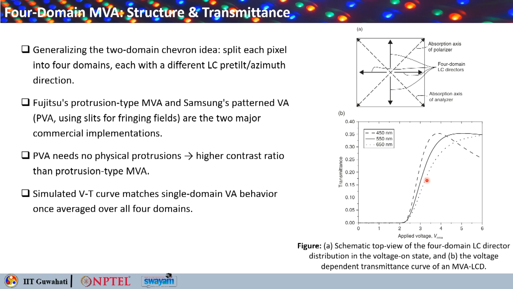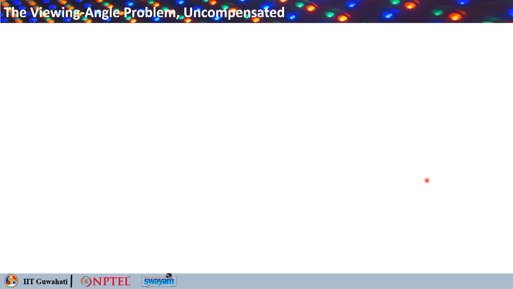This is the simulated VT curve, and one close match is that it looks very similar to the one we have seen for the single domain. So if you average the multi-domain, you will get similar performance. Now let us see how the problem of the viewing angle can be solved.